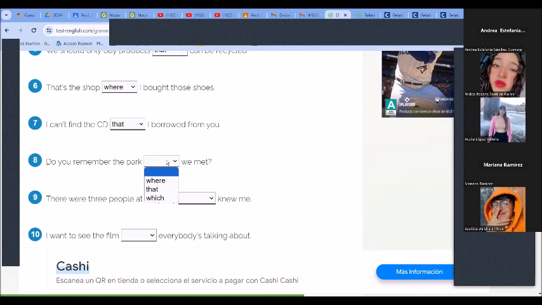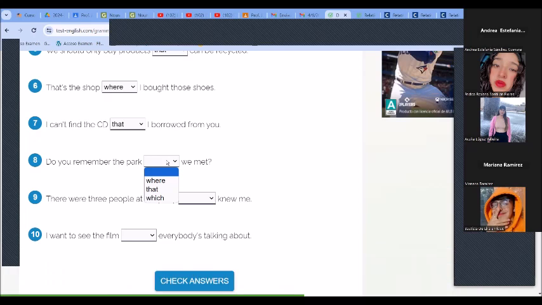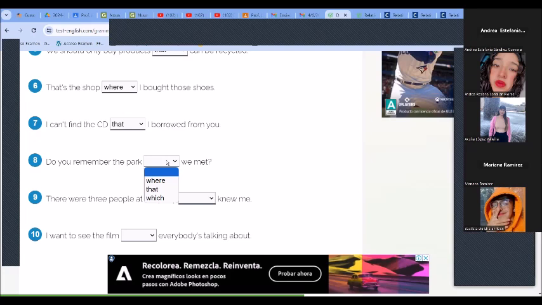But for places, we should use where. Which one do you think we should use in this one? Look at it again. Do you remember the park where we meet? Exactly. Talking about the place.